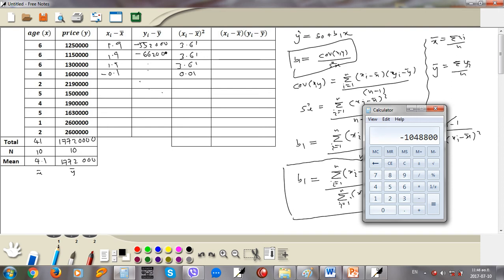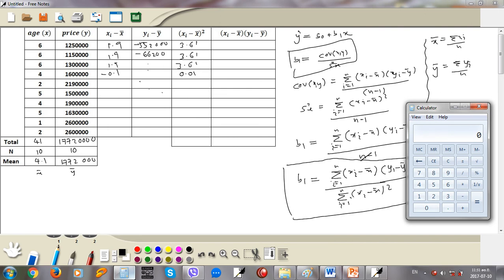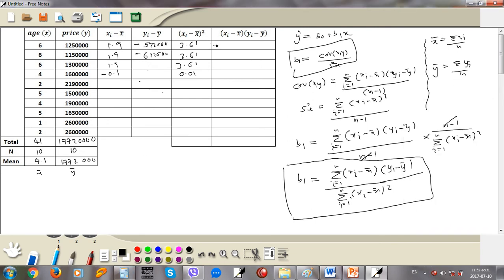Sorry, I made a mistake. We will check the value again. We have to multiply these two, right? 552,000 into 1.9. Here the minus sign is there, so minus 991,800.